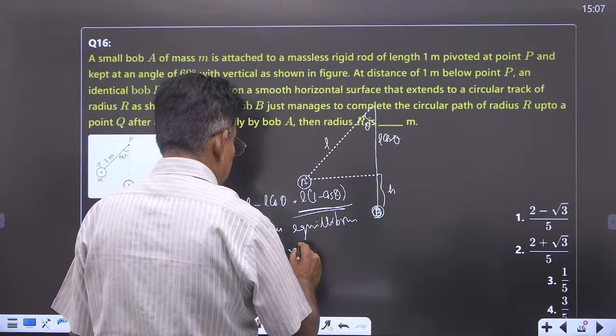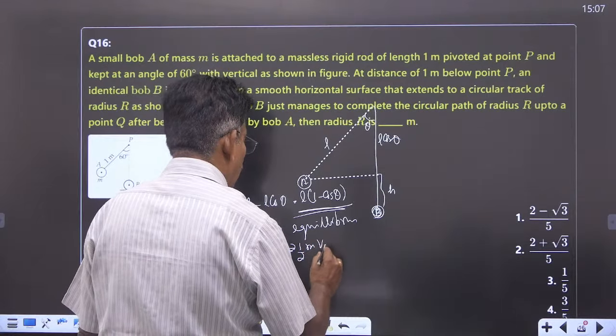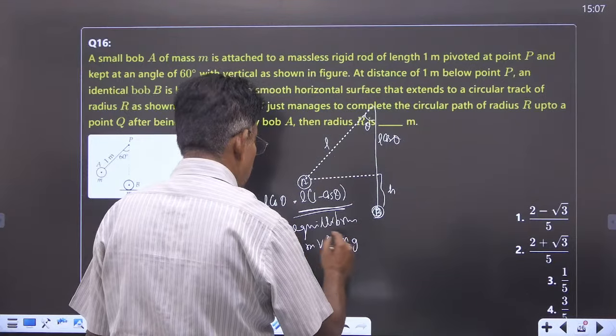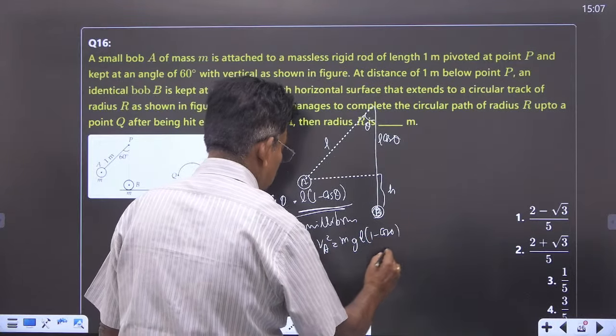It has kinetic energy, half m VA squared, equal to mg into h. h is L into 1 minus cos theta.